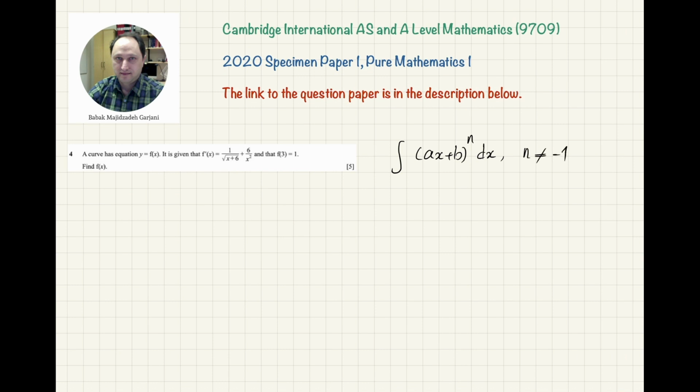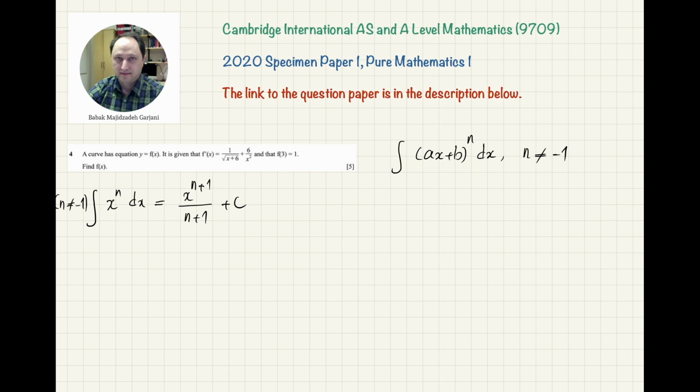Of course, if I ask you the same question with just x in the base instead of ax plus b, and n is not equal to minus 1, then the answer is given in the formula paper, and that is this one, yes?